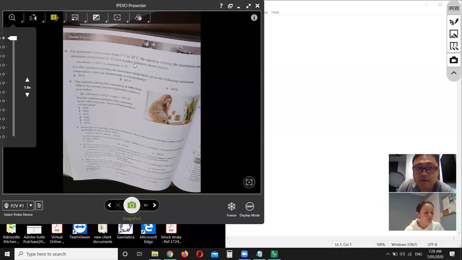So do you have to put that in the equation and then work it out? Yes, and then 30 degrees would be an extrapolation because it's outside of 5 to 20. That part of the question was basically trying to figure out whether you're in between or outside 5 to 20.